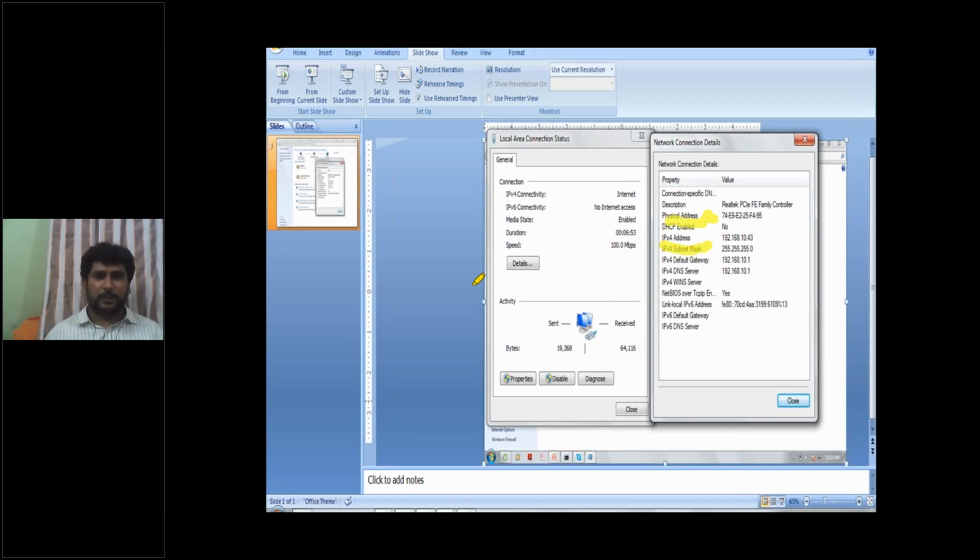So just try to understand what the layers are, what functions are performed, what protocols are used in different layers and their functionalities, the comparison between the two models, and the different sets of addresses associated with each layer.